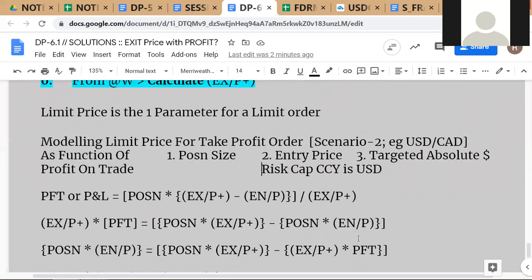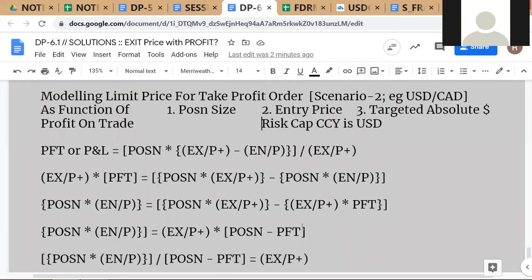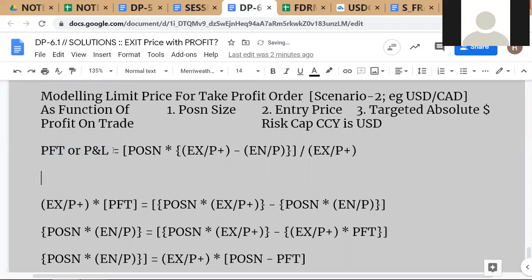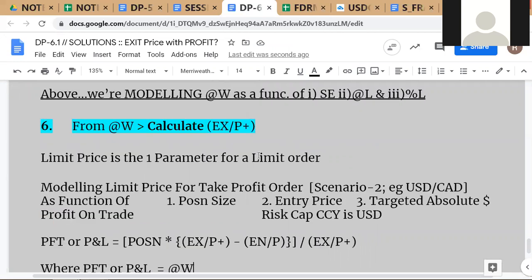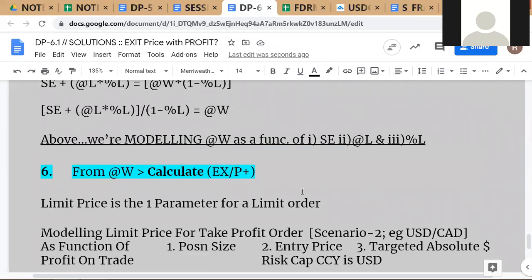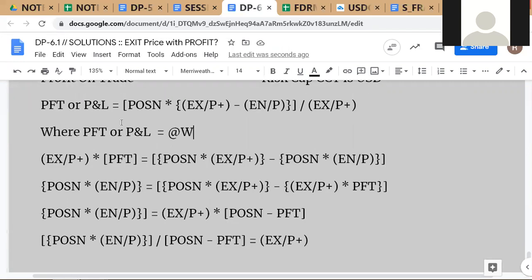So this profit here, let's make that clear, is average win, which you got in the previous step. You take that output of the previous step as input in this step. So this part is clear.